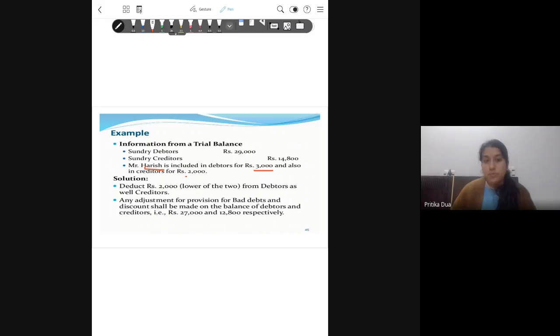So he has to pay business 3,000 while business has to pay him 2,000. So the common amount of the two is ₹2,000. Lower of the two will be deducted from creditors as well as debtors. So this is how common debt is treated.